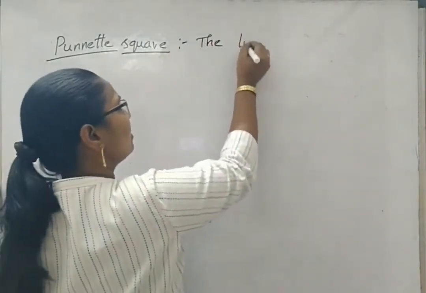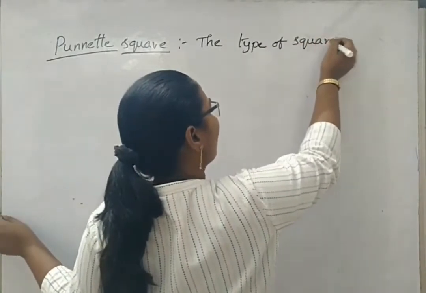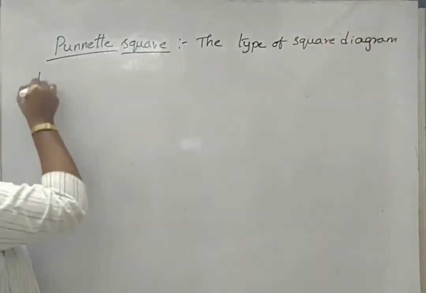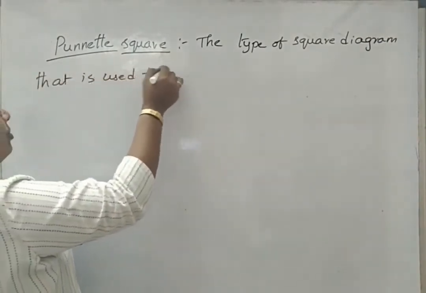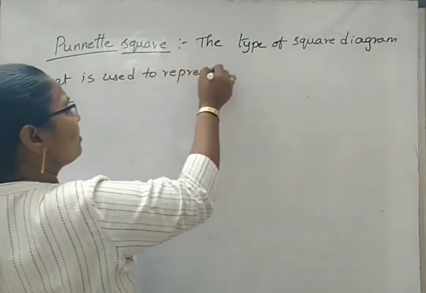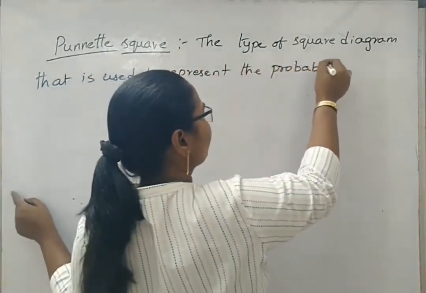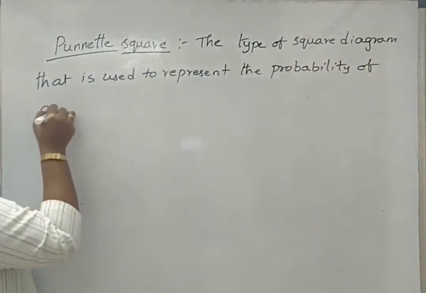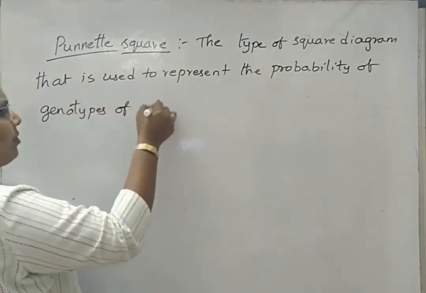The type of square diagram that is used to represent the probability of genotypes of offsprings.